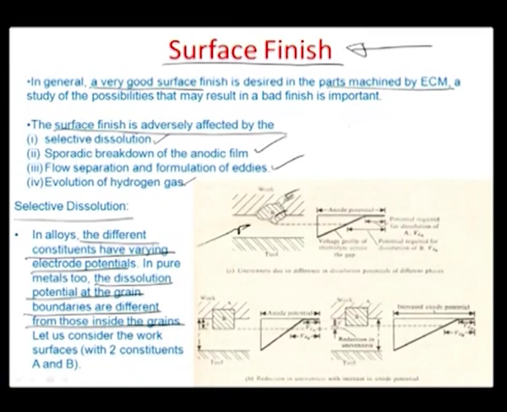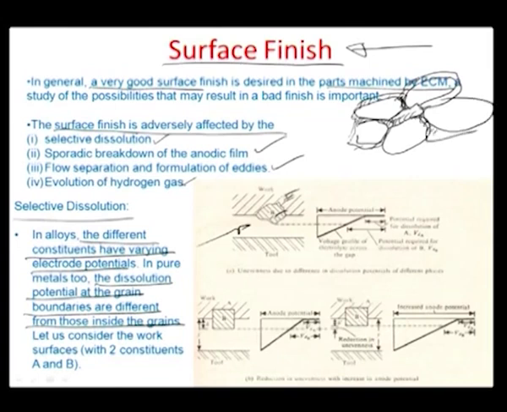So, there is always a tendency of the boundaries of these different grains to be dissolved at a different potential level than the grains itself. Okay. So, these are like the grain boundaries in a system, and so when you do ECM of this kind of a surface, these boundaries which generate therein may have a different potential altogether.